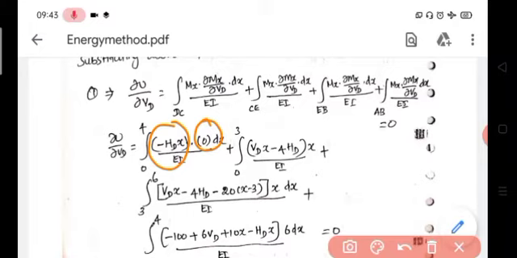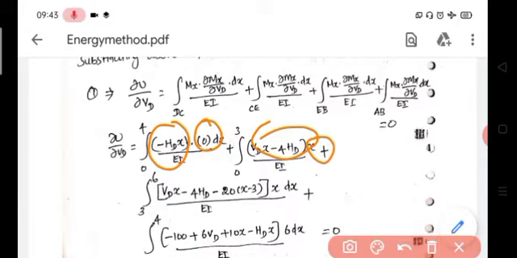Then the second segment, the CE segment, limit 0 to 3. The moment equation is Mx equal to VD into x minus HD, then dou Mx by dou VD is equal to x. Then the third segment, the EB segment, limit 3 to 6.